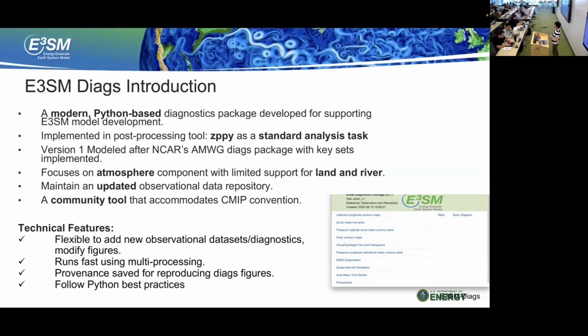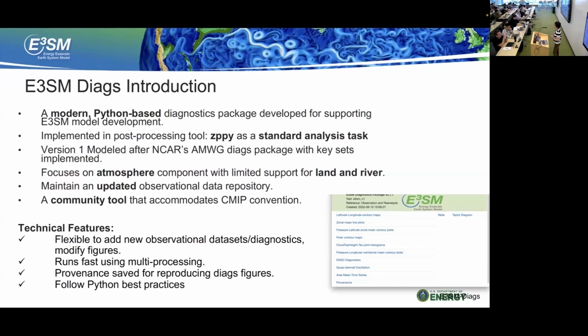We focus on the atmospheric component and also start to expand capability for land and river. We are maintaining an observational data set and keep it updated when new data resources are released. This package accommodates CIME variable convention, so hopefully it can be used as a community tool beyond E3SM.